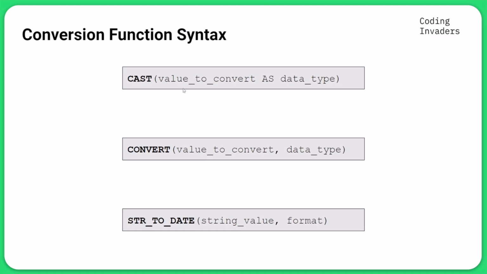In cast, we provided the column name and then the data type to which we want to cast it. For convert, we had 2 arguments: the first is the column name or value that we want to convert, and the second is the data type. Then we looked at string to date, which again had 2 arguments. The first was obviously the string value, because it converts string to date, and the second is the format of the date that we want to convert.